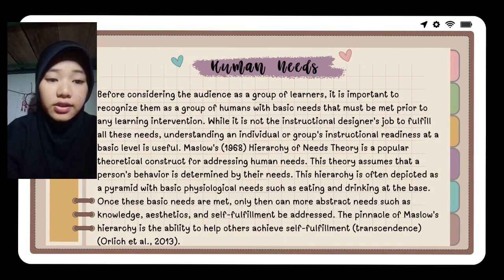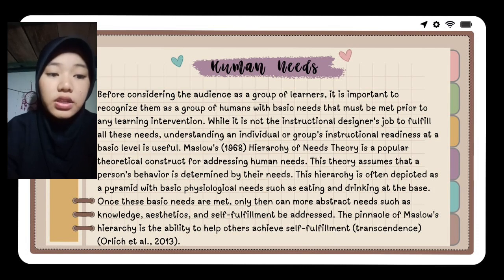The hierarchy of needs is typically depicted as a pyramid that has at its base the general physiological comforts, such as hunger and thirst, the bodily comforts that are met first.